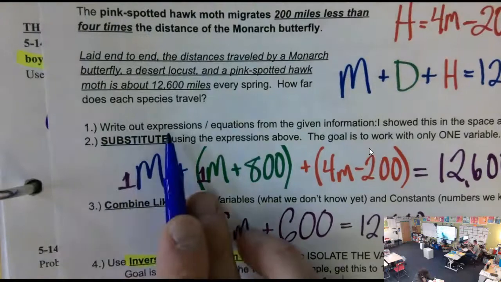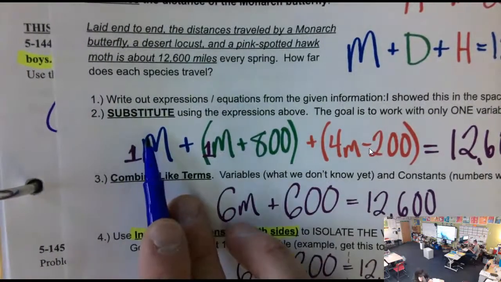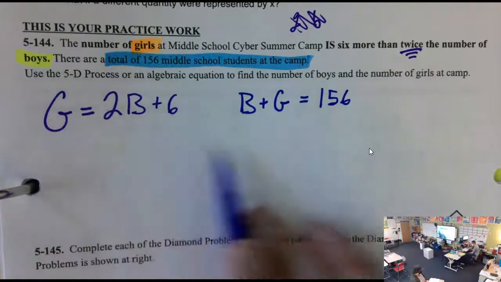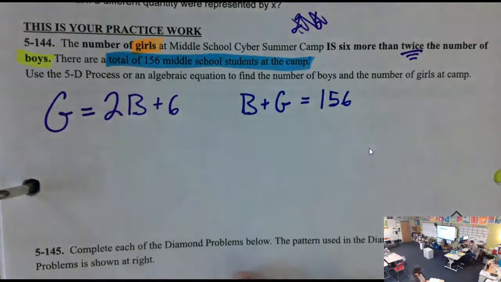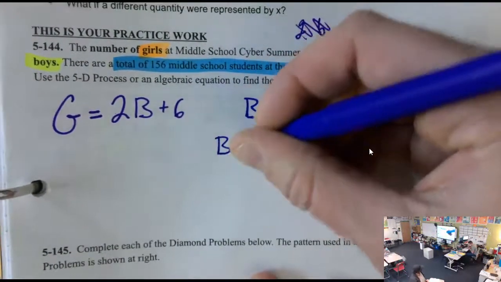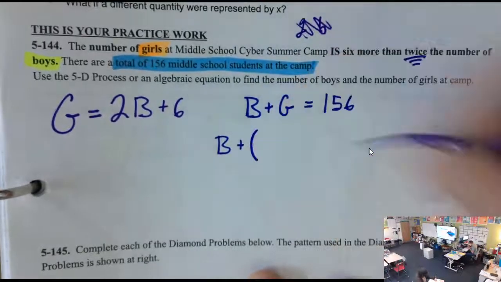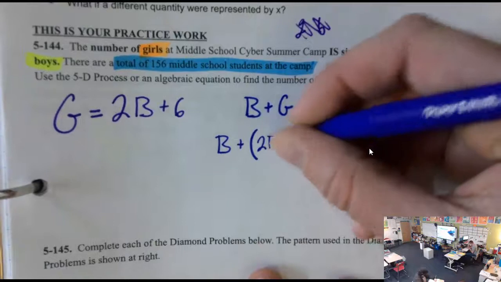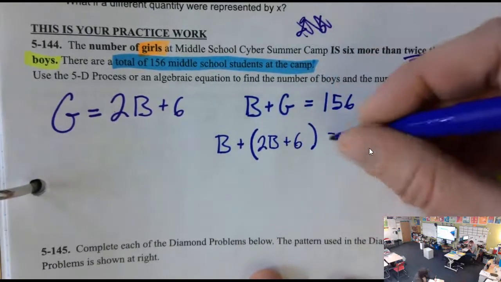Look at that reference page I just gave you. We wrote out our expressions now. What's step 2? Substitute. So we're going to substitute, because I know what G is, I'm going to plug in for G. So instead of writing G, I can replace it with 2B plus 6.